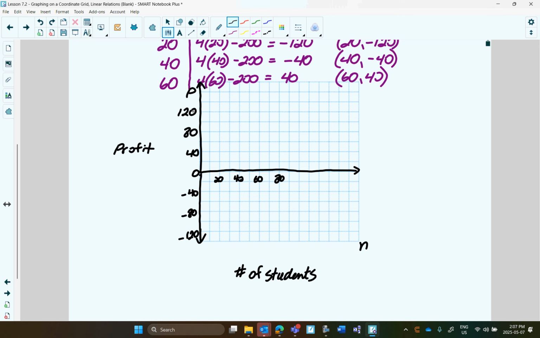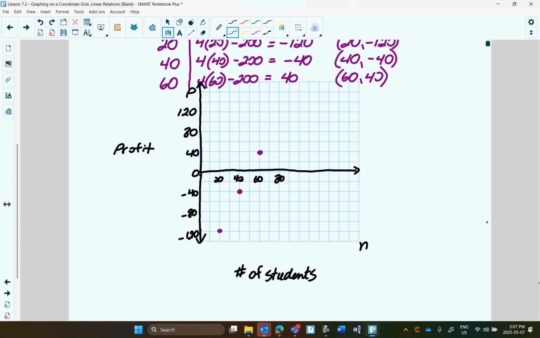So let's plot our points. 20, negative 120. 40, negative 40. And 60, 40. And of course, the next question, do we connect?